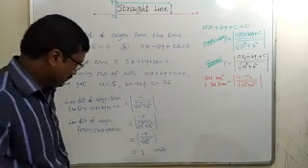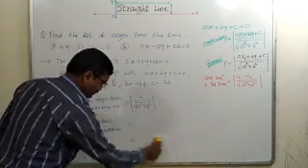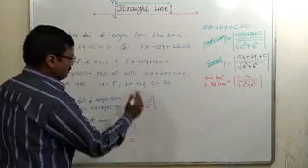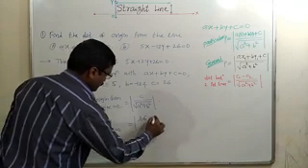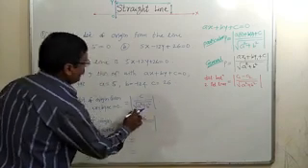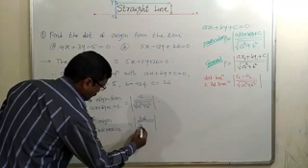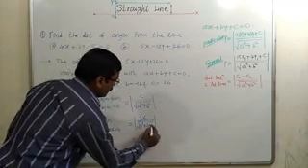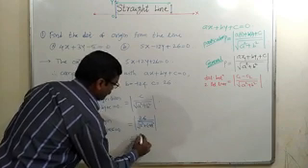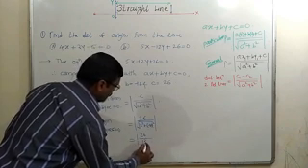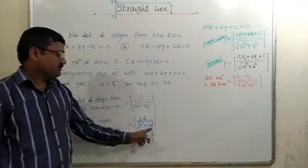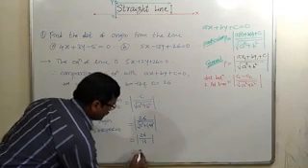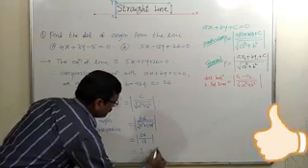Here we get under root, c is equal to 26 upon under root, a is 5 square plus b is minus 12 square, so it is equal to 26 upon 13, because 5 square plus 12 square is 13 square and its root is 13, so we get the answer equal to 2 units.